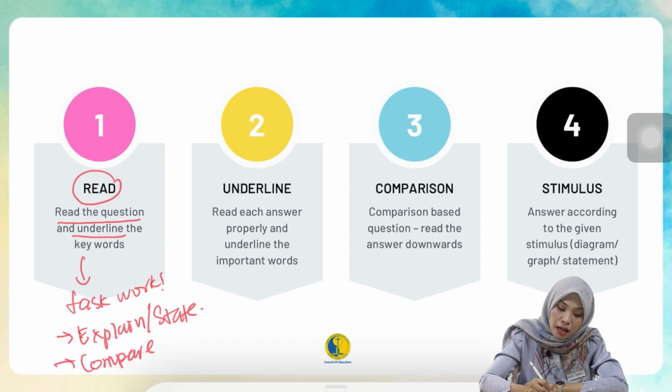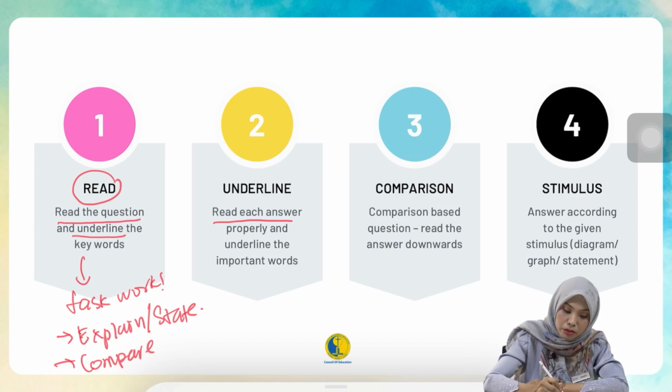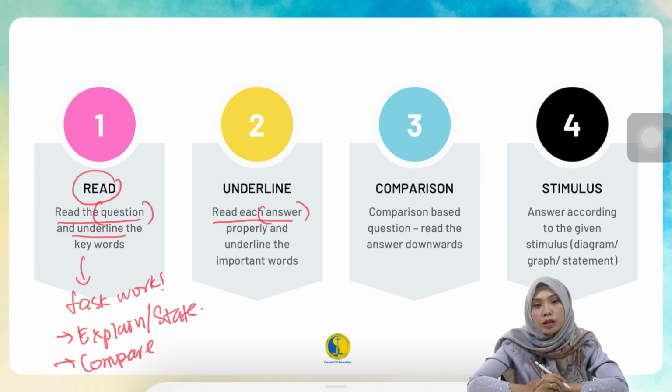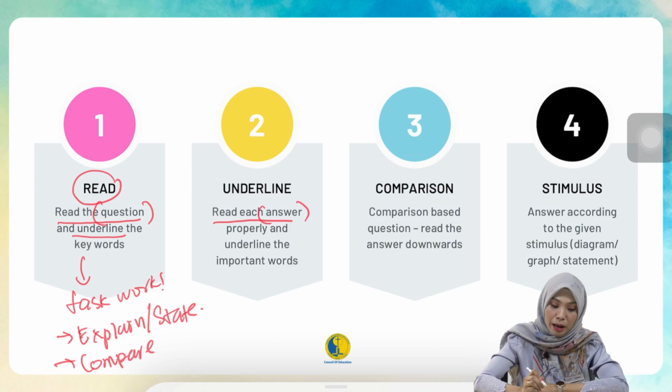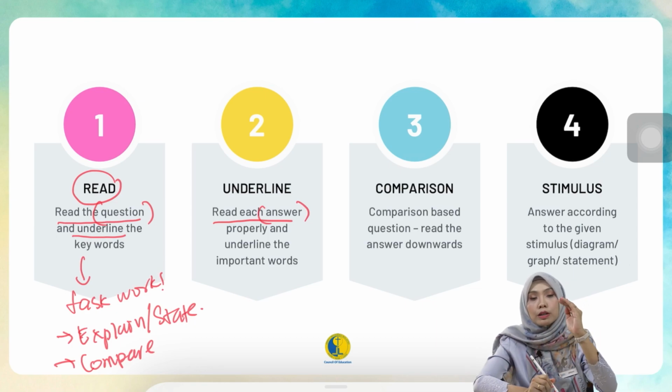Next, underline. Read each answer properly. Just now I was talking about questions. Now I'm talking about answers. Because what happened, you always believe in the concept that my teachers last time used to say, that the longest answer is always the best. Okay, it's not happening that way anymore for the KSSM syllabus. You must make sure every single answer you go through and read.